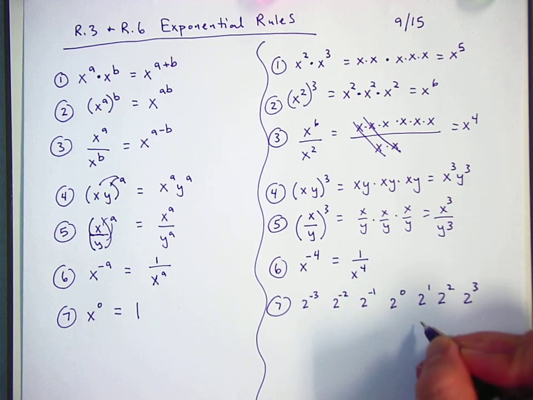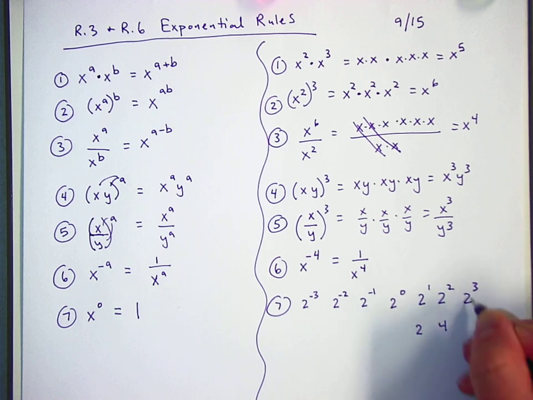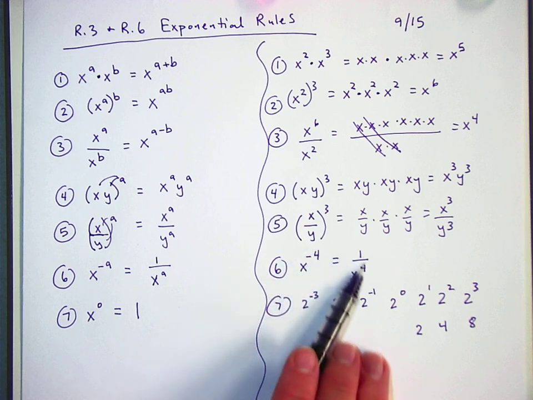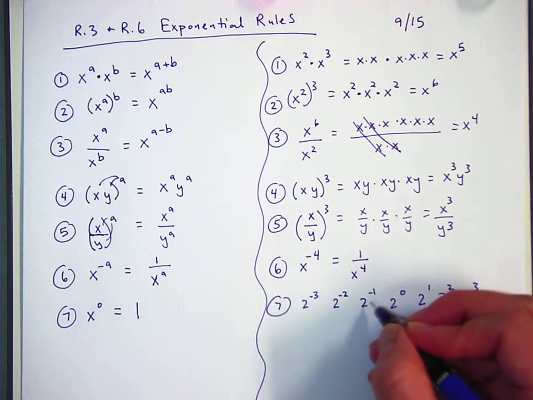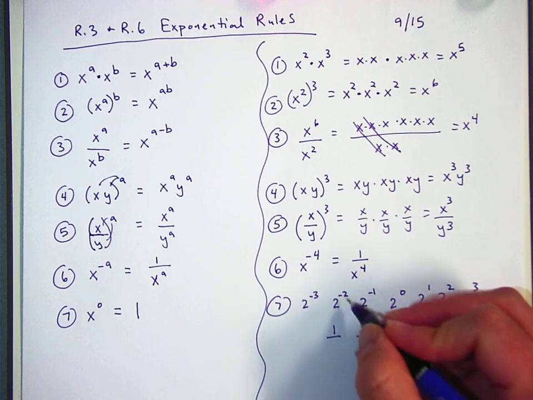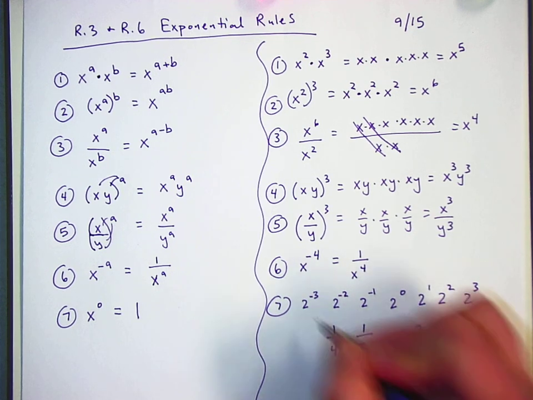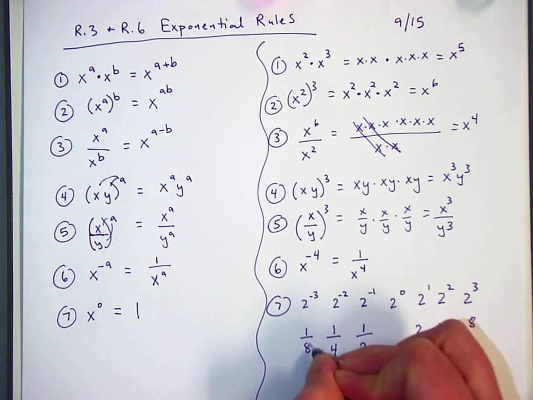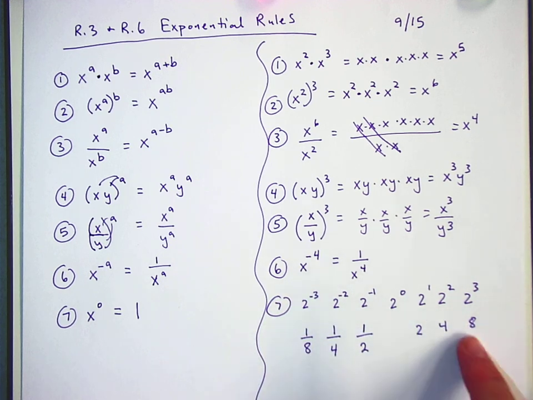We know 2 to the first power is 2, 2 squared is 4, and 2 to the third power is 8. If you look at the negative ones, it's like a fraction with that on the bottom. So 2 to the negative 1 would be 1 over 2 to the first, which is 1/2. This would be 1 over 2 squared, which is 1/4. And this one would be 1 over 2 to the third power, which is 1/8. So we're looking at a pattern here.